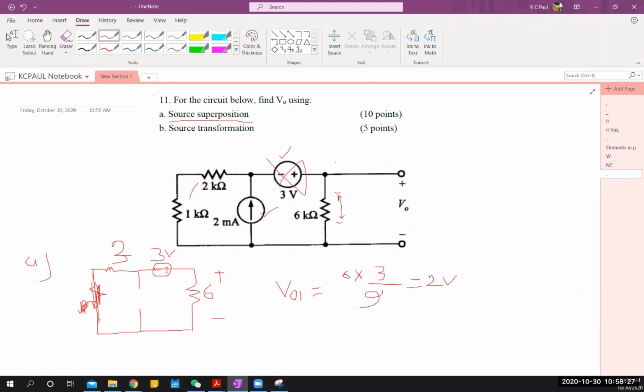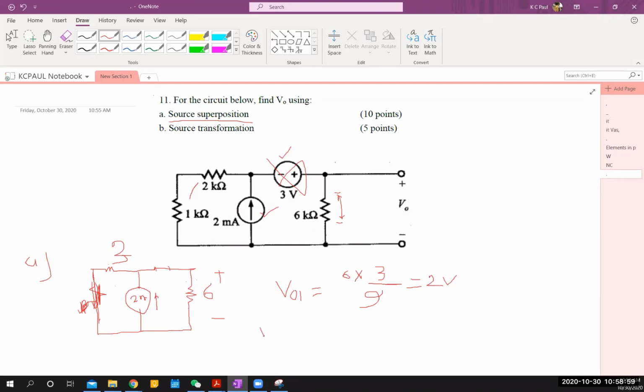So if we rewrite the circuit right here, again this 2 kilo ohm and 1 kilo ohm are in series, so I am replacing them with this 3, so don't misunderstand. This is 2 milliamps going upward. Now this one is shorted.